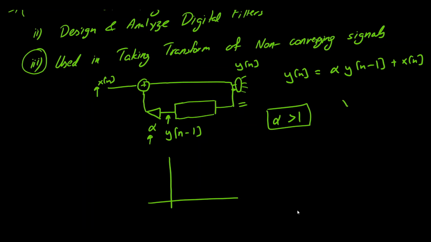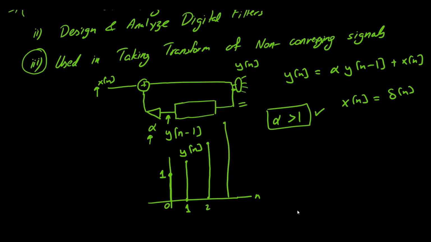Say our input x of n is simply delta of n, which at time instant 0 has a value in discrete time which is 1. So this is our output y of n with respect to n. In one time unit, since alpha was greater than 1, the value of output y of n would increase, and it would continue to increase as time goes.